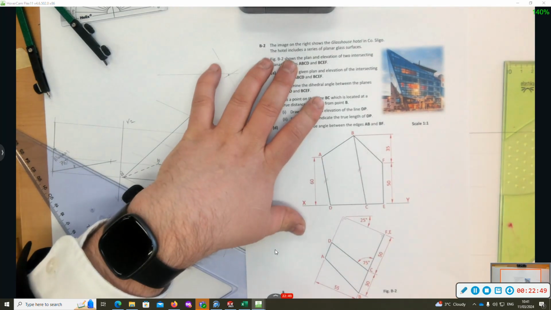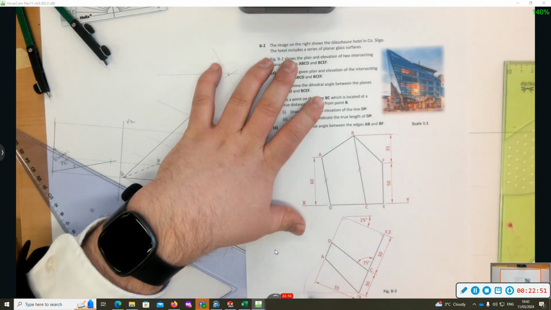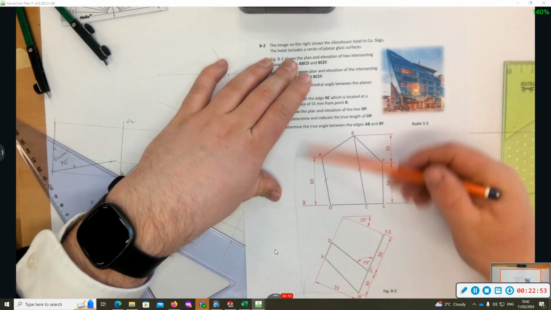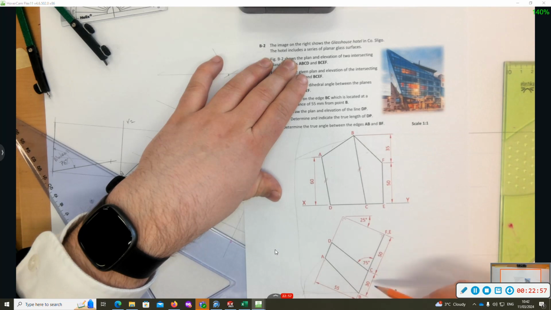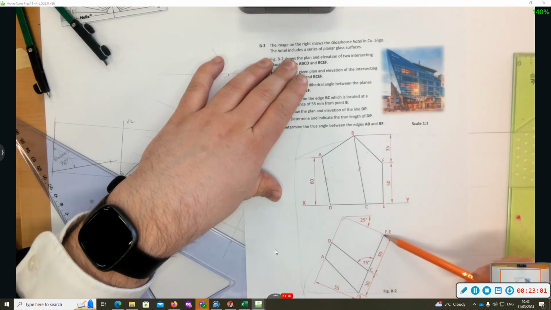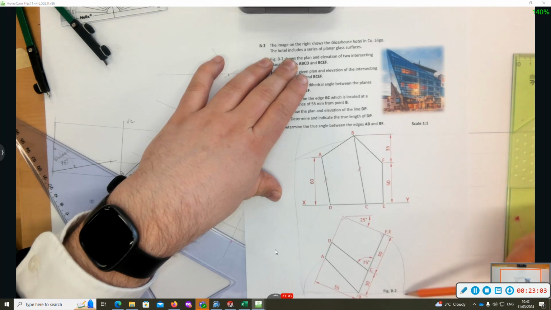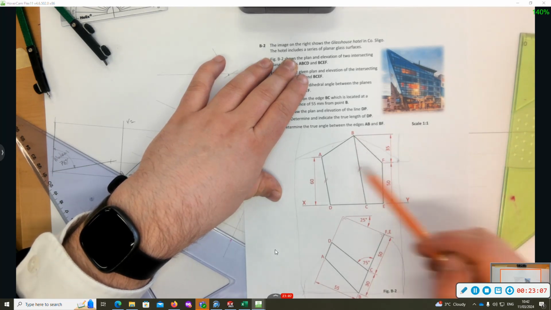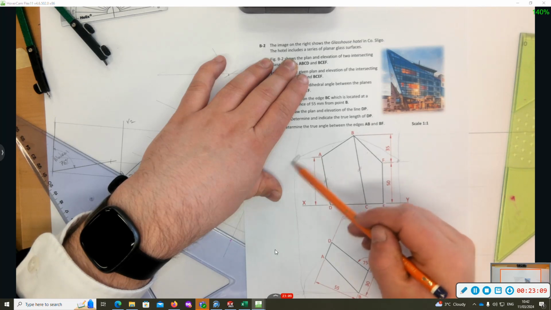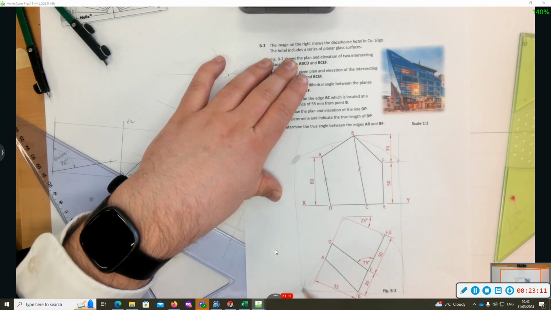Some students could end up rotating AB in elevation, bringing it across there. Do the same with BF, up and across, and they think they have it there, but they don't, because you've rotated both the lines. So it's not the same angle between them anymore.